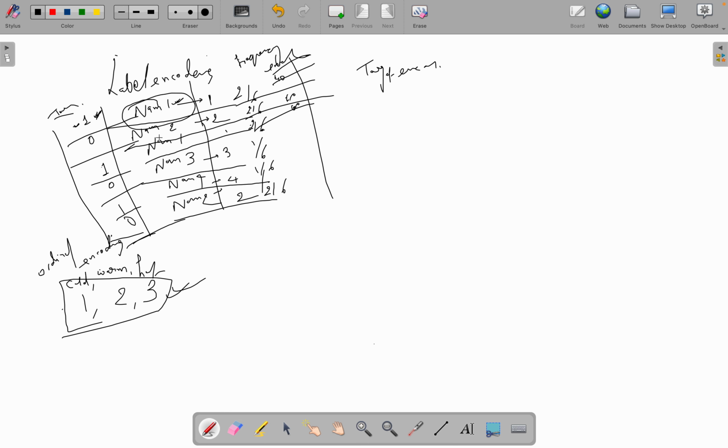That means for name one and name one, 40 plus 60, 100, divided by 2. So it will be 50 and 50. Similarly, name 2 is 60 and name 2 here is 30, so it will be 30 plus 60, 90, divided by 2, since it is occurring 2 times. That means 45 will be here and 45 will be here.